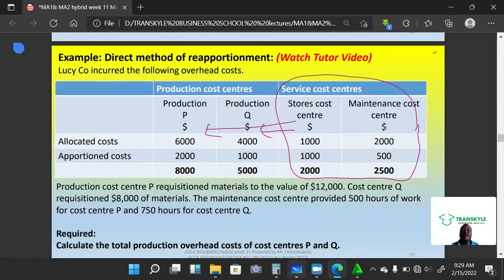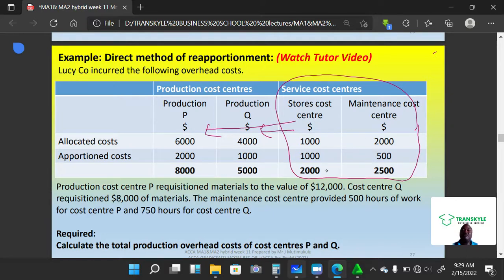Because by definition, the direct method of reapportionment is that we need to reapportion the service cost centers to production cost centers, because their costs are not apportioned to their fellow service cost centers. That's the direct method of reapportionment.